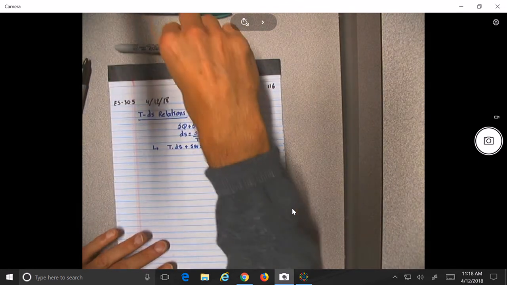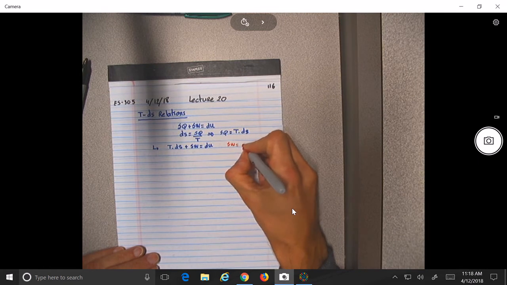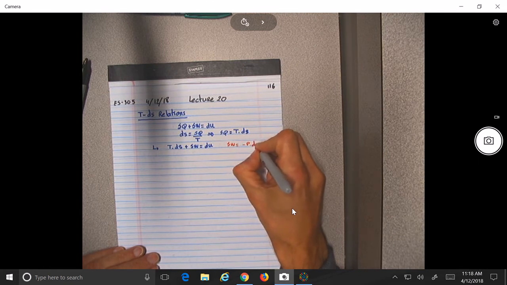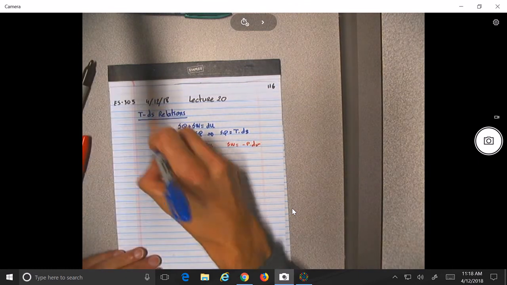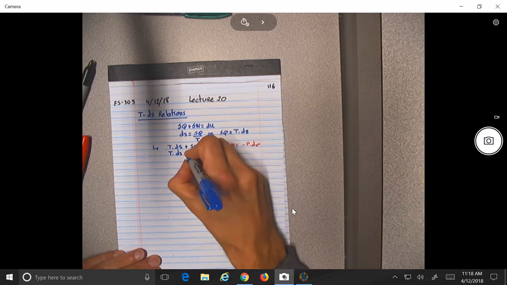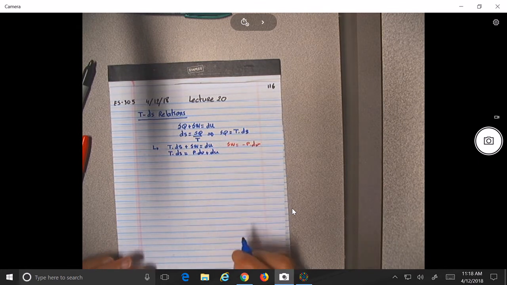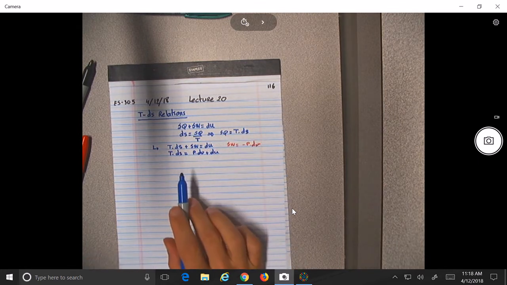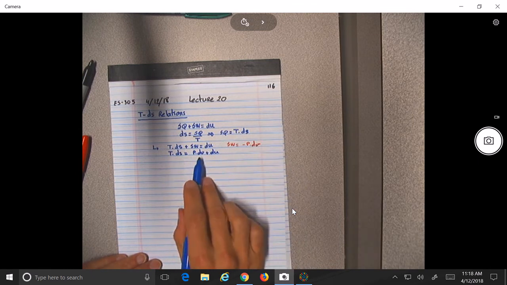And all this is a review, okay? What is the work done by the pressure? Minus PdV, so we had TdS equals PdV plus dU. And that was our first TdS relation.